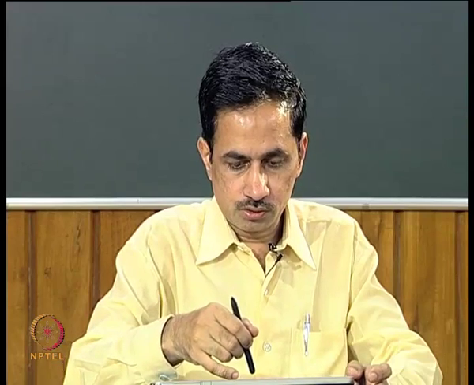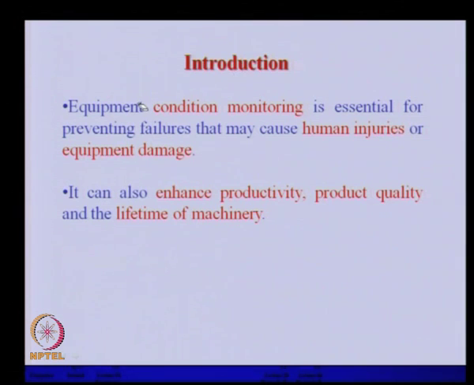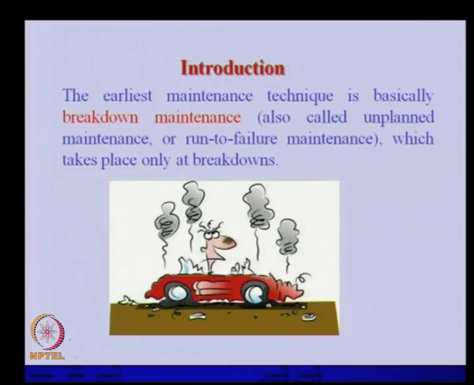So, to introduce this subject, equipment condition monitoring essentially prevents failures that may cause human injury or equipment damage. Obviously, it can also enhance productivity if we are maintaining the machine properly. Product quality will be good, and the life of the machinery will be more. This is the breakdown maintenance.